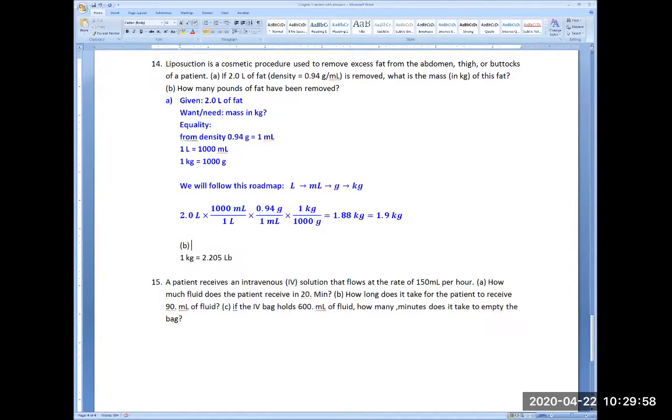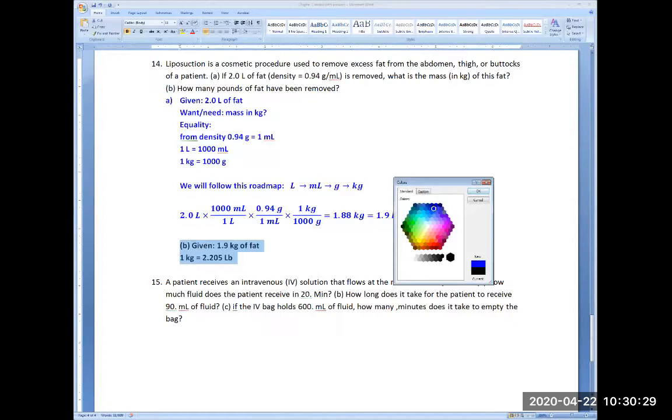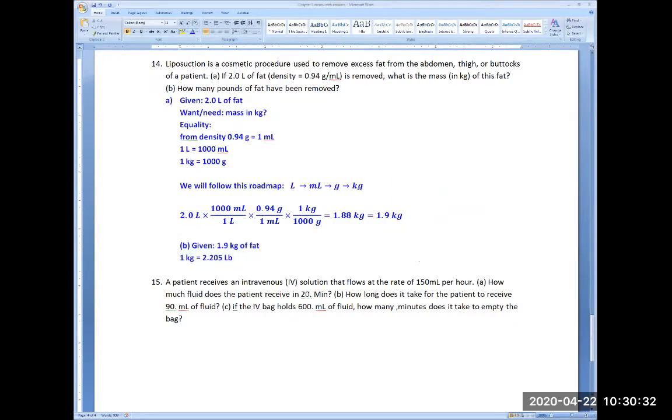So that's the equality we will use. First, actually, we should have thought about what is the given amount. So how many pounds of fat have been removed, given that you just calculated the mass in kilogram. Your given will be the answer to the previous question, and it's the 1.9 kilogram of fat. That's the given, and we want to change that into pound.